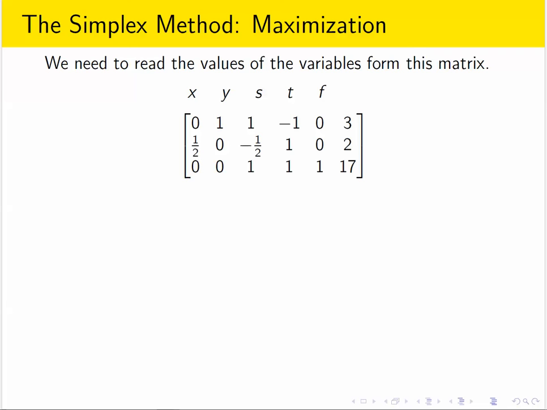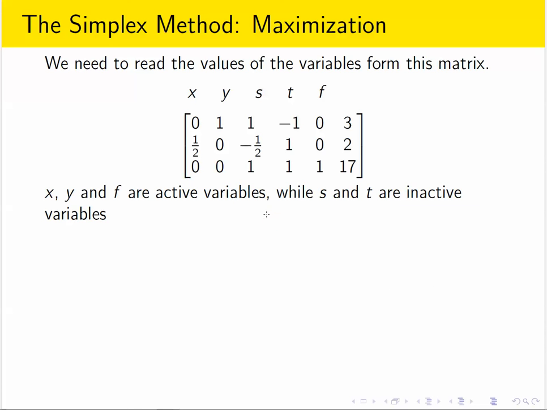Moving on, we're going to read our answer for the standard maximization problem from the final matrix we obtained after pivoting. So first of all, we identify the active variables, which are the variables that have only one non-zero number in their column. Each of these columns have only one number that's not 0.